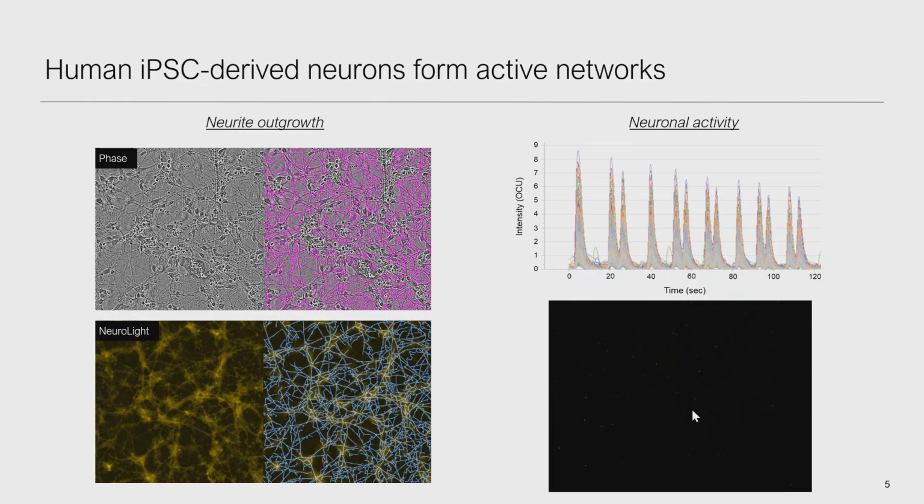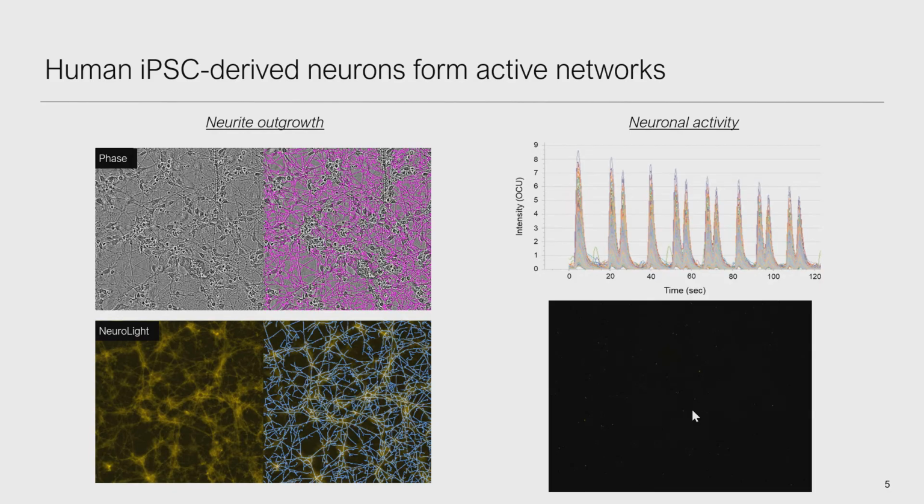Another important part of our work has been to really characterize the systems that we work with upfront, so that we understand what we're working with, and we understand the time points that are appropriate for the different studies. So one part of that for the cortical neurons, for example, is looking at neurite outgrowth.